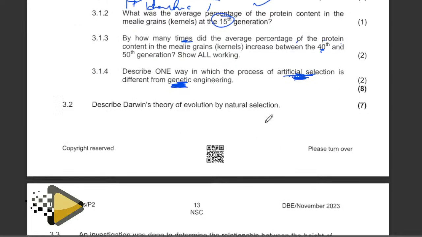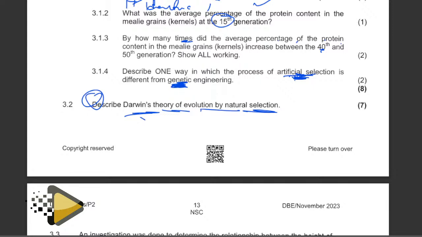All right, let's go to the next question: Darwin's theory of evolution by natural selection. I explained this and told you what you are supposed to say. In natural selection, you talk about variation among organisms. They didn't give you an example here, so you don't pick one.